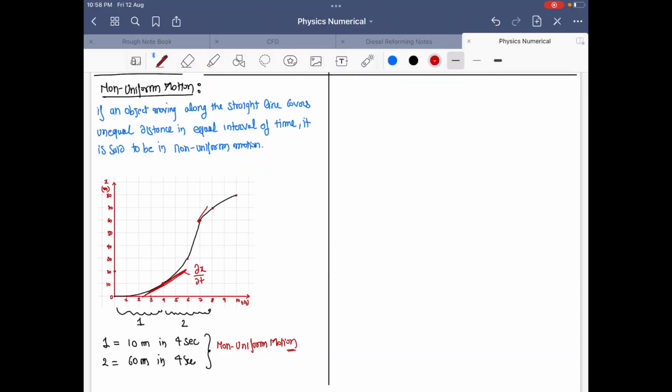If you see the slope at this point, it is like this, and if you see the slope here, you will see the slope is continuously changing, meaning dx by dt is not constant. If dx by dt is not constant, the motion is non-uniform motion. So like this also we can identify whether our motion is uniform or non-uniform. I hope this is clear to you.